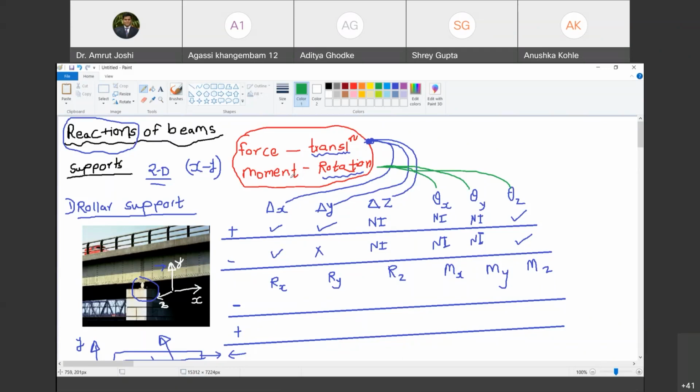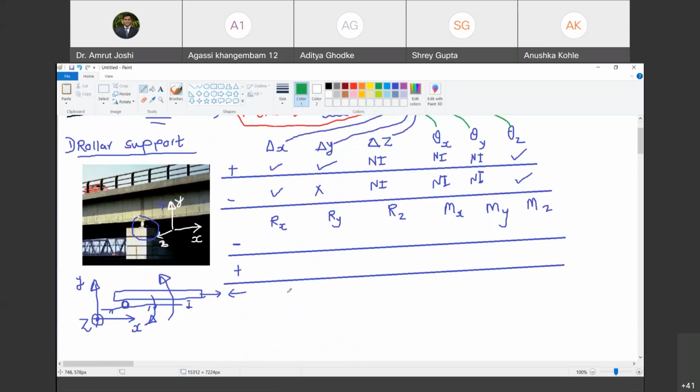Happy? Yes, sir. As translation in x direction is freely possible along positive and negative direction, therefore, this support will not be able to offer any force reaction in x direction. Happy? Yes, sir. So Rx is not possible, Rx negative is not possible, Rx positive is also not possible.